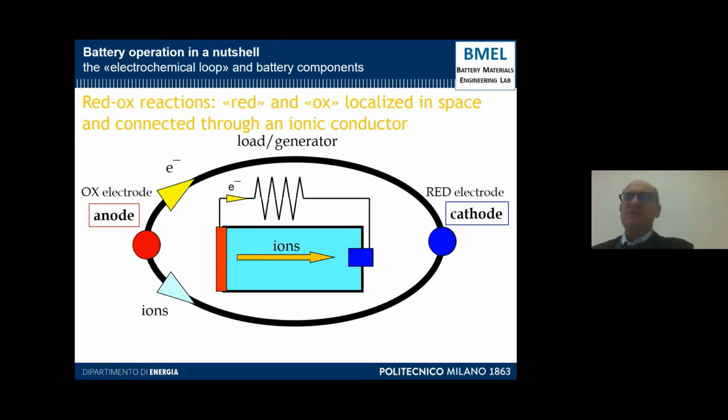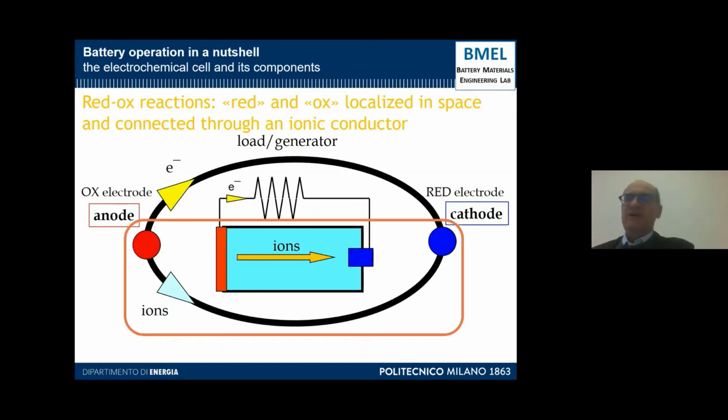Again, these occur as spatially separated red and ox reactions, the sites of which take on respectively the names of cathode and anode. The battery can thus be regarded as the part of the loop that comprises all that is different from the electronic conductor, which of course represents the load or the battery charger.